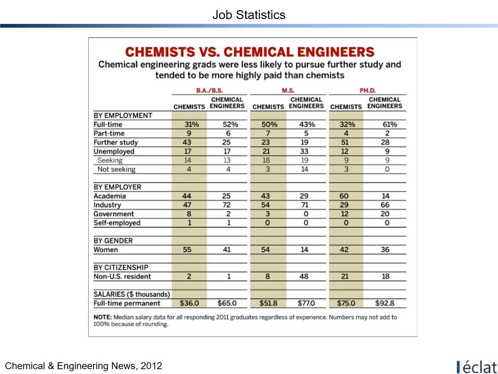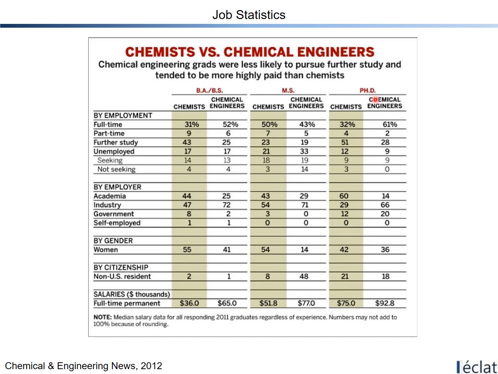Okay, let me compare chemists and chemical engineers in terms of job statistics. Let's just go to the PhD degree. So after getting the PhD degree, 51% of chemists go to further study, like a postdoc or something like that.